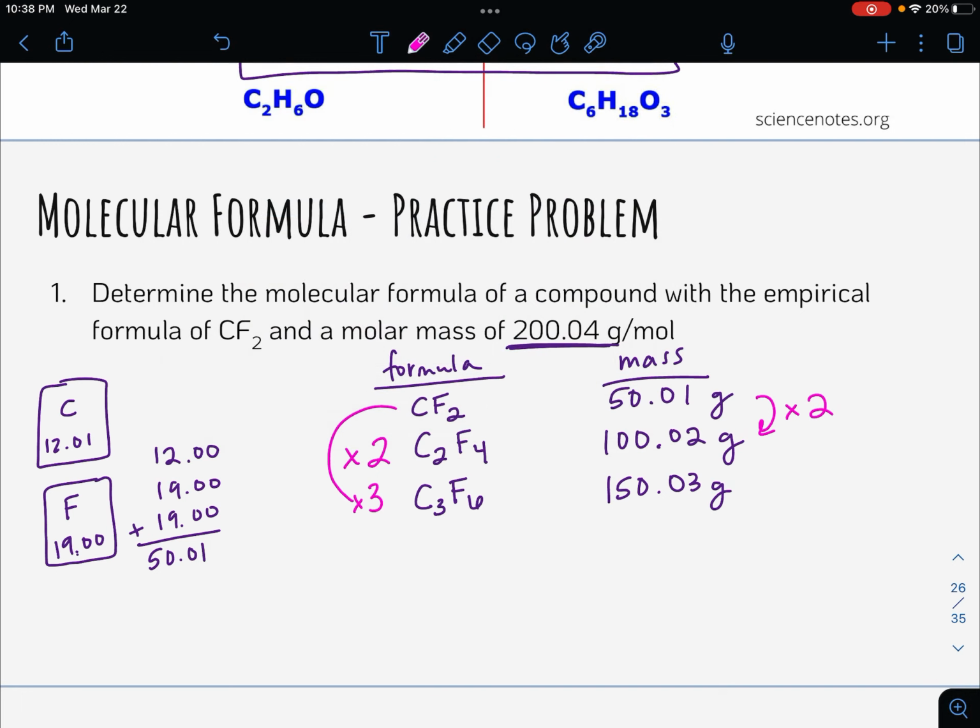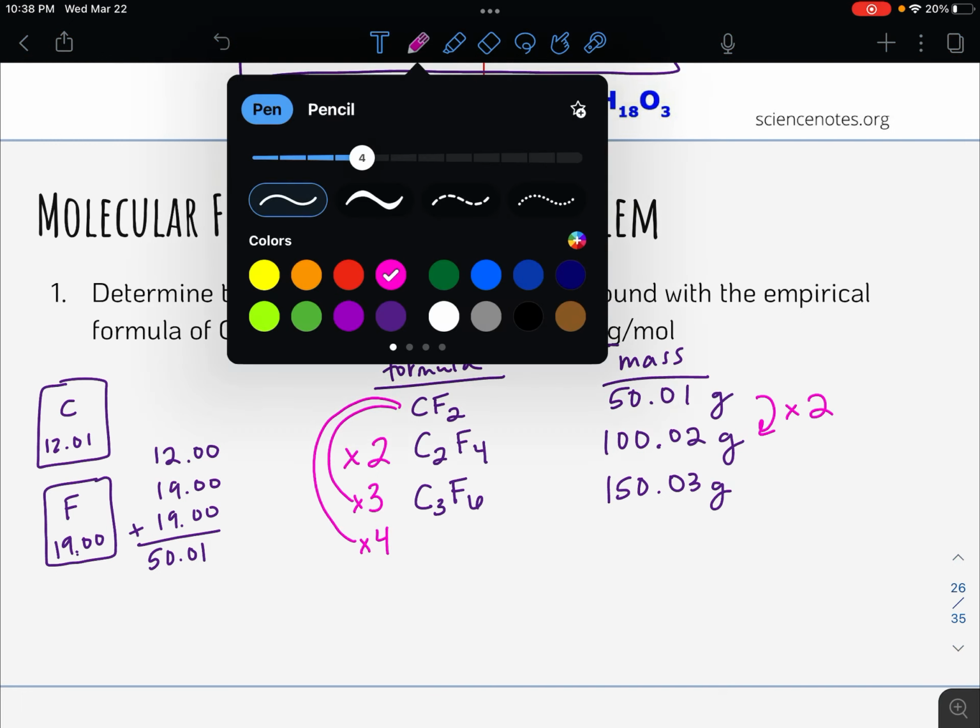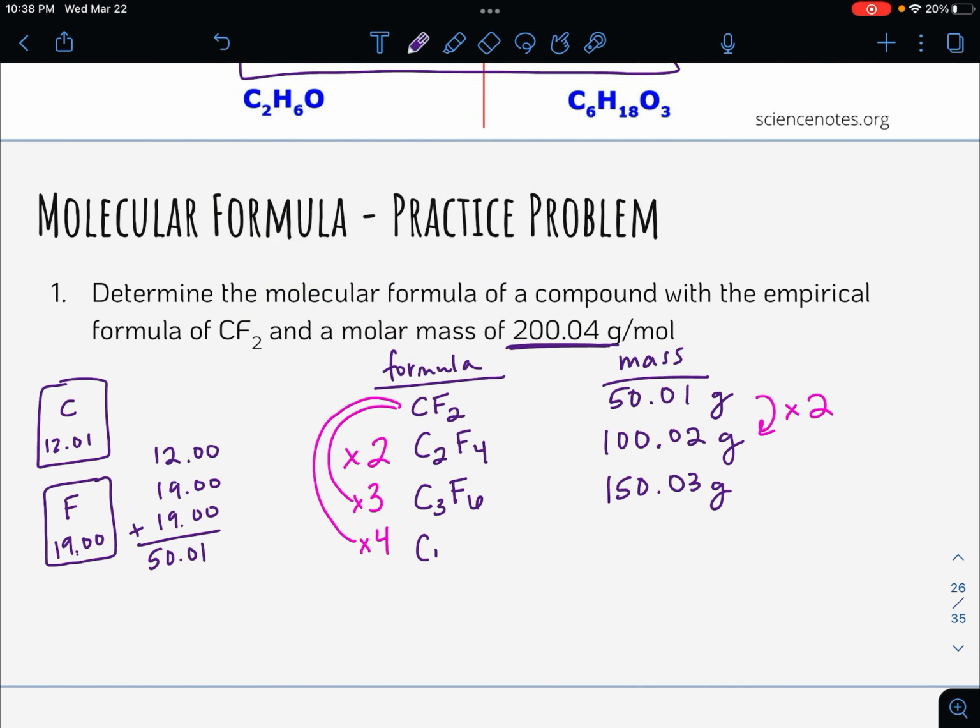Still not quite at 200, so let's go one more time. Let's see if I take that empirical formula and multiply it by 4, and then add up the mass. I end up with 200.04 grams.